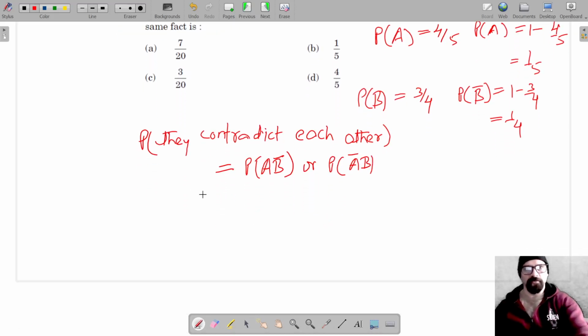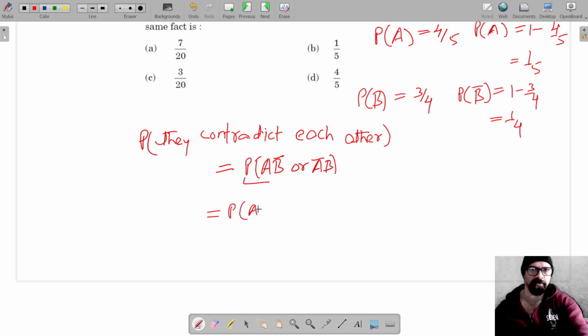So that is the case, that is the probability when they will contradict each other. I can write it as the probability of A speaks the truth and B does not speak the truth, or A does not speak the truth and B speaks the truth. So that is the case when they will contradict each other for this one.